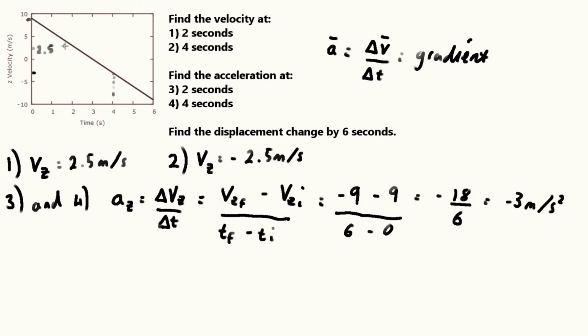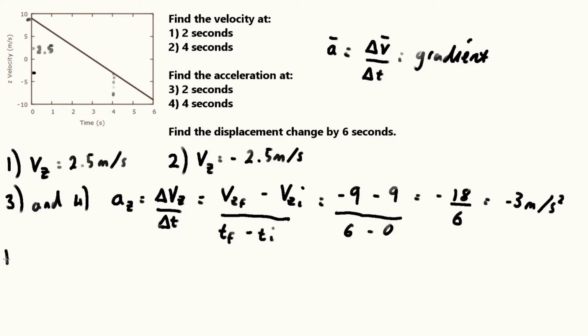This means throughout this entire graph there is a deceleration or a decreasing acceleration, however you wish to say it, in the z direction, which makes sense because over time the z velocity is becoming more negative.